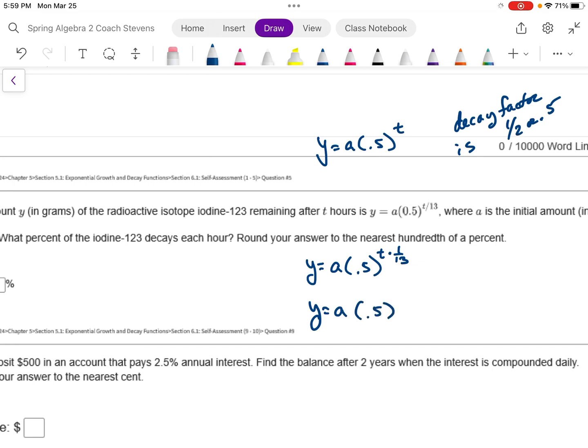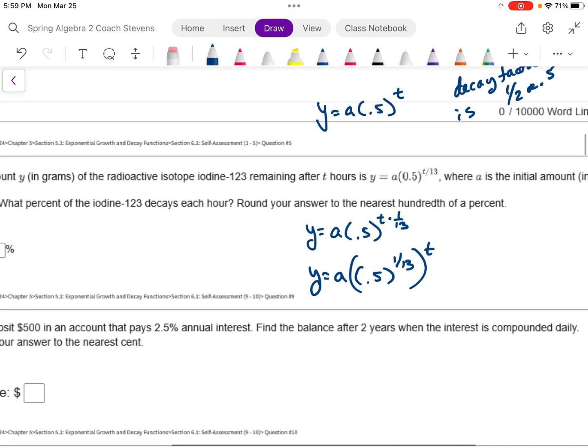So it's 0.5 to the 1/13, and that's being raised to the t power. And so what they want you to do here is go through that little manipulation. And then I can say this is really a times 0.5 to the 1/13th power.